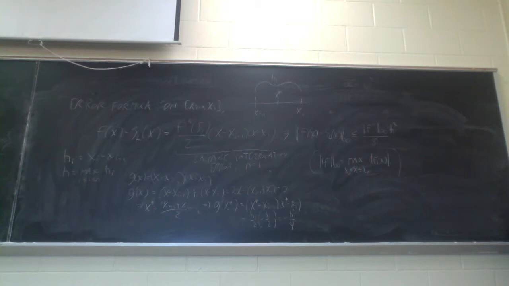All right. Now, if a function is continuously differentiable, that implies that it's absolutely continuous. But it is not an if and only if relationship. You can give a function that is absolutely continuous, but it might fail to be continuously differentiable.